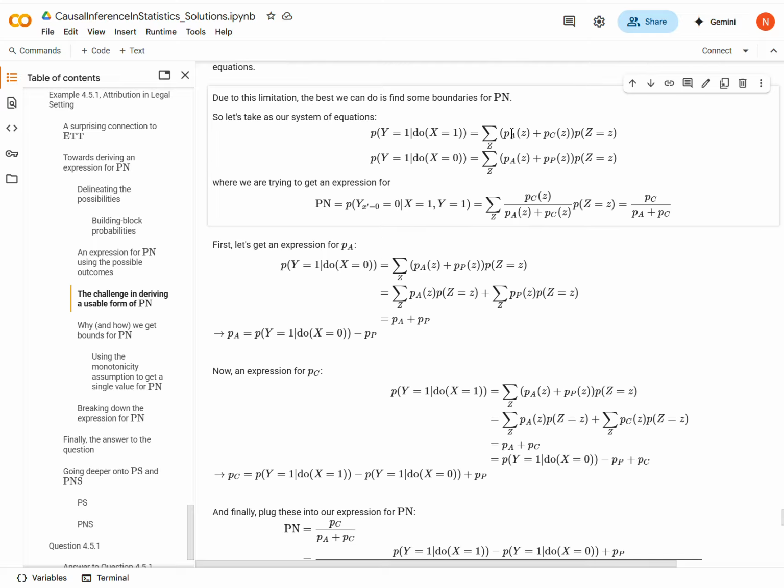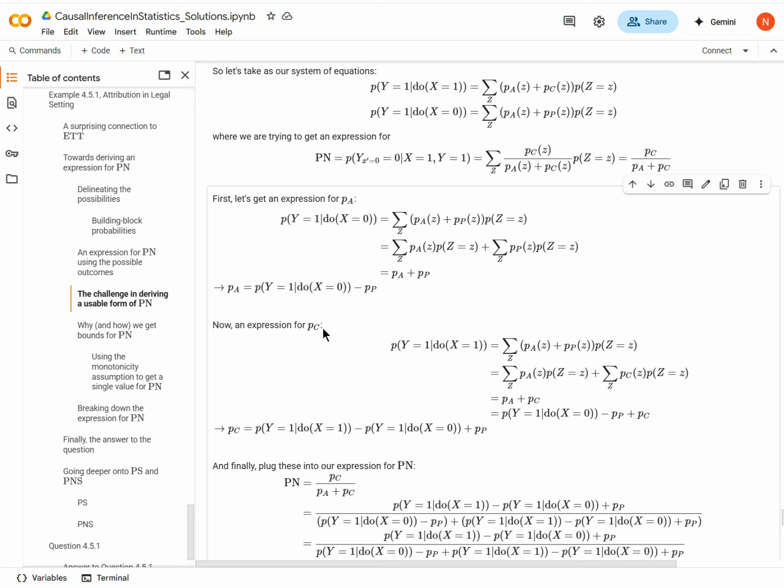and so let's just try to solve for some of these unknowns as best as we can. Okay, so if I take this expression, I can solve for PA, and I get this right here. And now I can get an expression for PC right here.